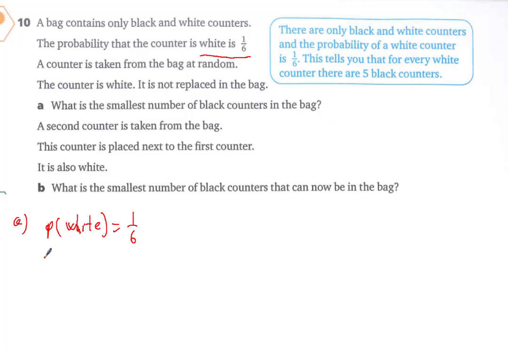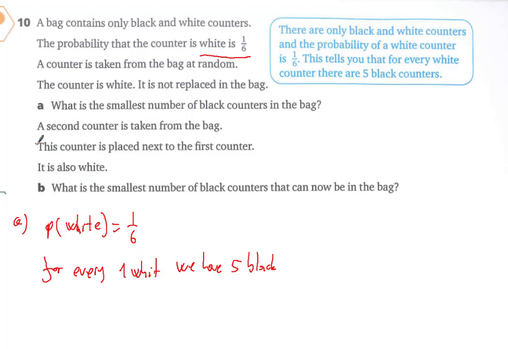Let us write here for every one white we have 5 black ones. All right, so minimum we should have 5 black ones. So we got the only white one which was there.